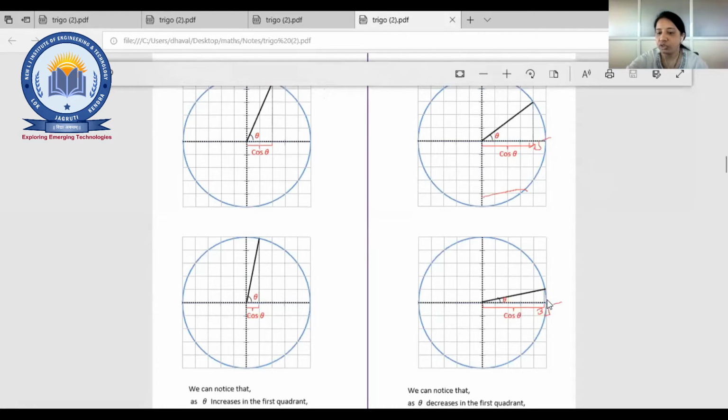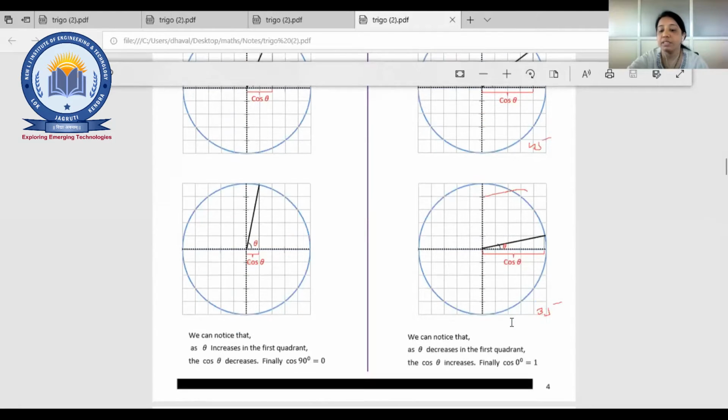So it will reach here, right? So you can say that when theta is 0, that means your angle will be 0. The cos value is supposed to be 1. That's why you can say that cos 0 equal to 1. This is cos 0 equal to 1 and cos 90 equal to 0.